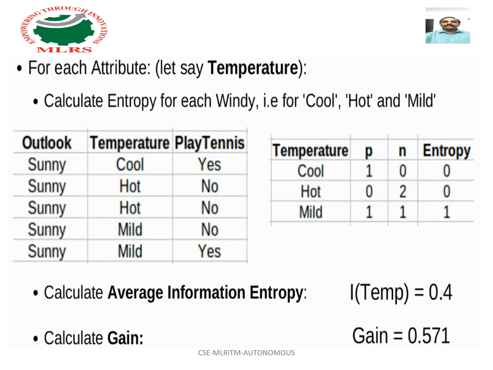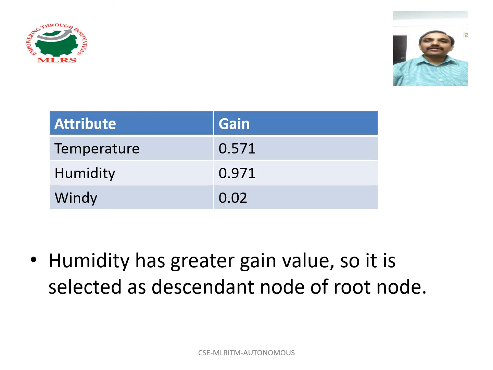Similarly, we are calculating the information gain of the third attribute, temperature, in terms of outlook equal to sunny. That information gain value is 0.571. After calculating the information gain of all the attributes with respect to outlook is sunny, we have to compare these information gain values.